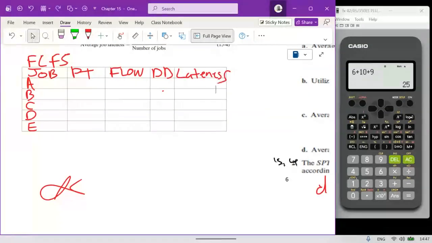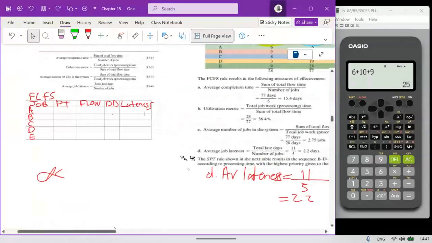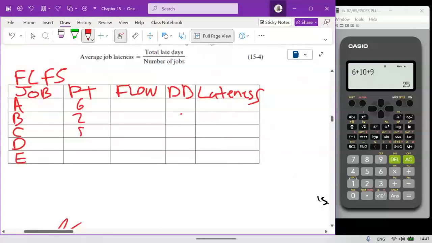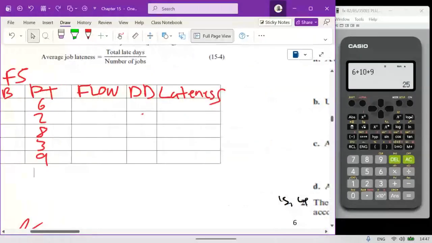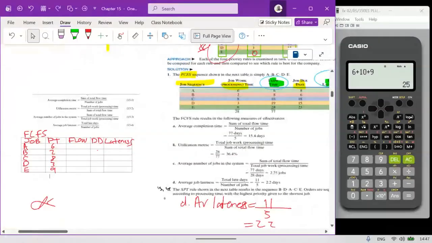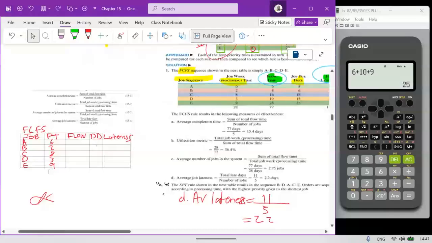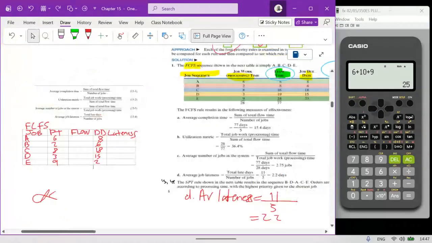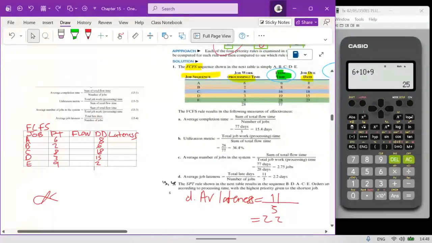Now we need to fill in quickly. We have processing times 6, 2, 8, 3, 9. Then on the due date also we have 8, 6, 18, 15, 23.